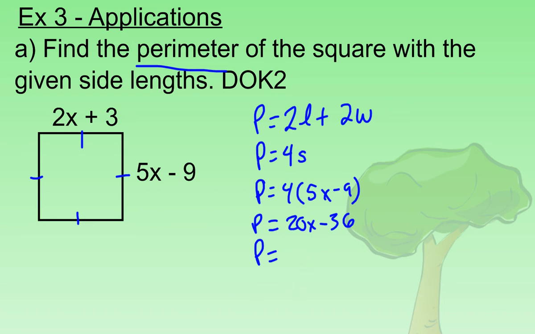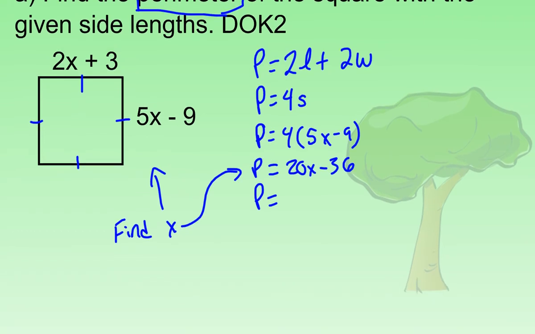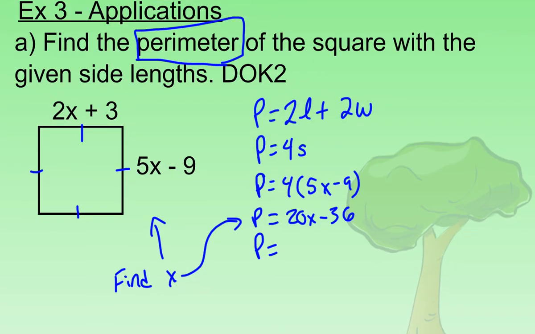But in order to do that, we need to find the x value so we could plug it in, or even plug it in up there. So my final goal is to find the perimeter, and my midway goal is to find what this x value is.